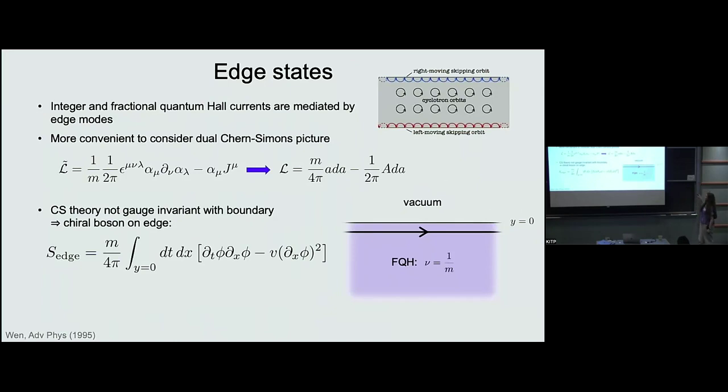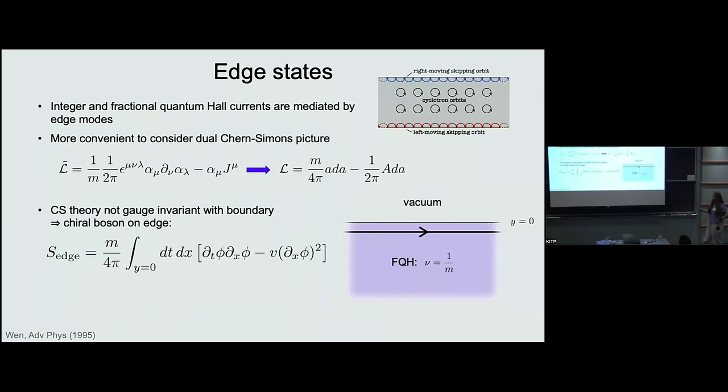What is mediating this Hall conductivity? We obviously can't write down something quite so simple for the fractional case. And in order to understand the fractional case, it's actually better to consider instead a dual Chern-Simons picture to the one that I just gave.